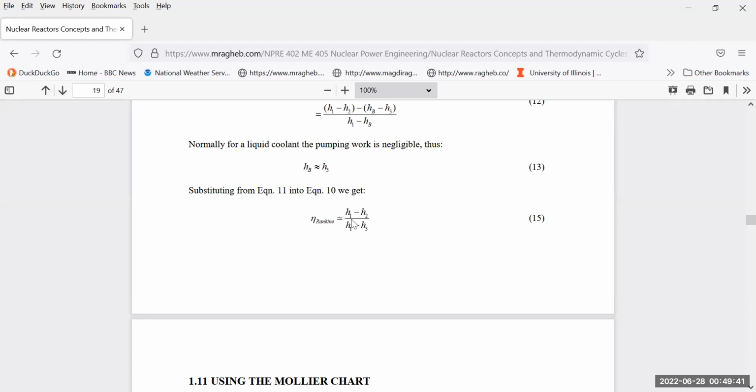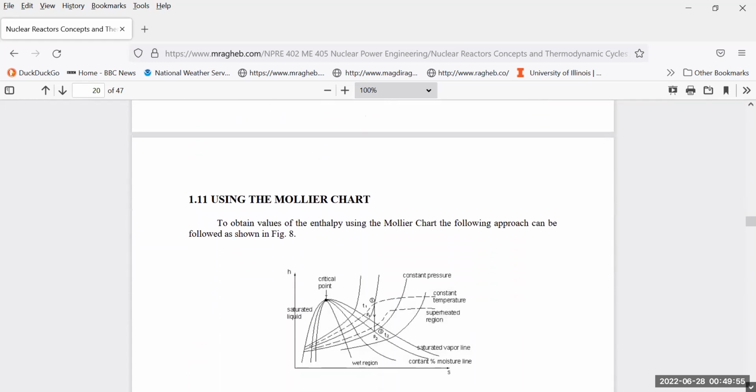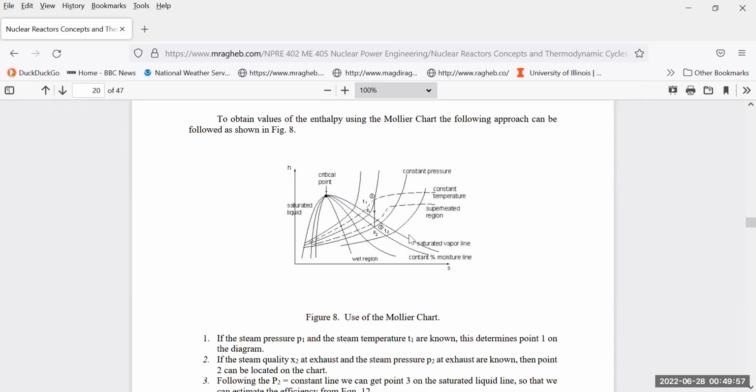The enthalpy at 1 at the turbine minus the enthalpy at 2 when you expand in the turbine, divided into the enthalpy H1 minus H3. That's where the heat is added to the system. So you use this on the Mollier chart now as an example here. You choose a working point where you're operating at a given pressure of the reactor, at a given temperature.